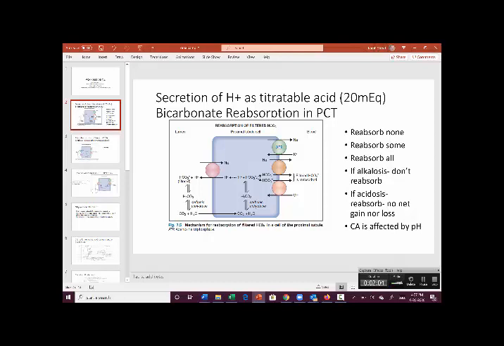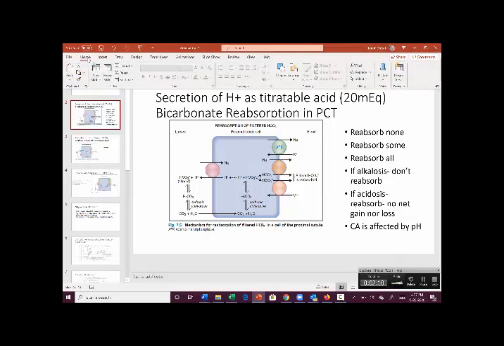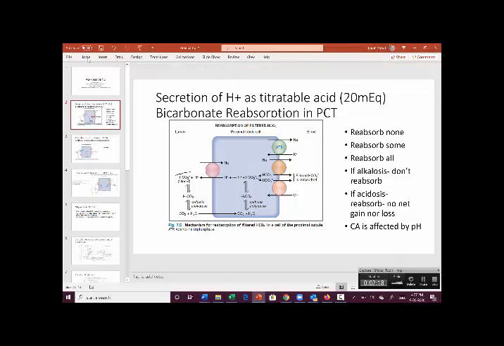So here we are in the proximal convoluted tubule, and I want you to know that the proximal convoluted tubule, when it comes to reabsorbing the filtered bicarbonate, so here is our filtered bicarbonate shown here, it can reabsorb none, it can reabsorb some, it can reabsorb all of the filtered bicarbonate.